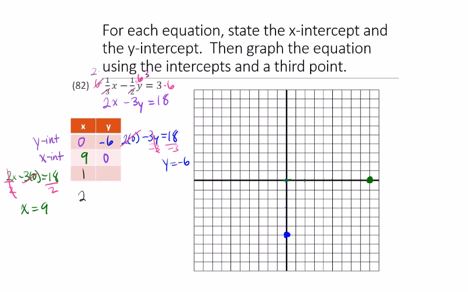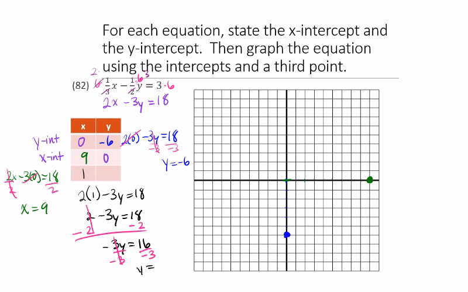So it's just going to be 2 times 1 minus 3y equals 18. 2 times 1 is 2. So I'm going to get 2 minus 3y equals 18. Subtract 2 from both sides. Negative 3y equals 16. We'll divide by negative 3. So we get y equals negative 16 thirds, right?